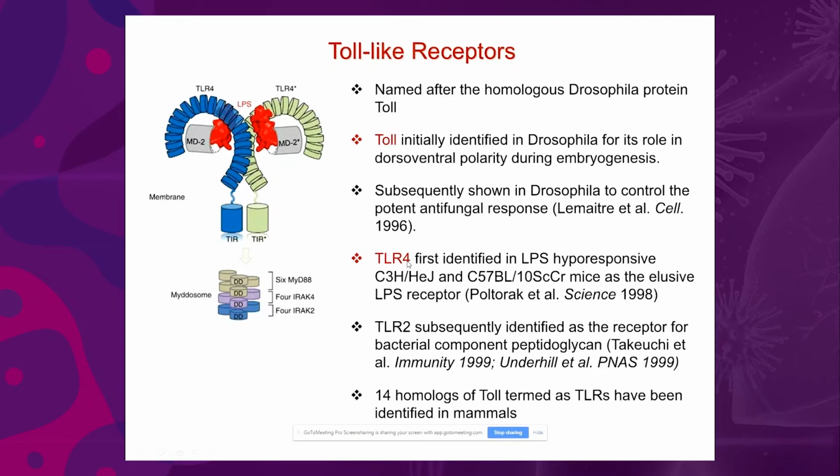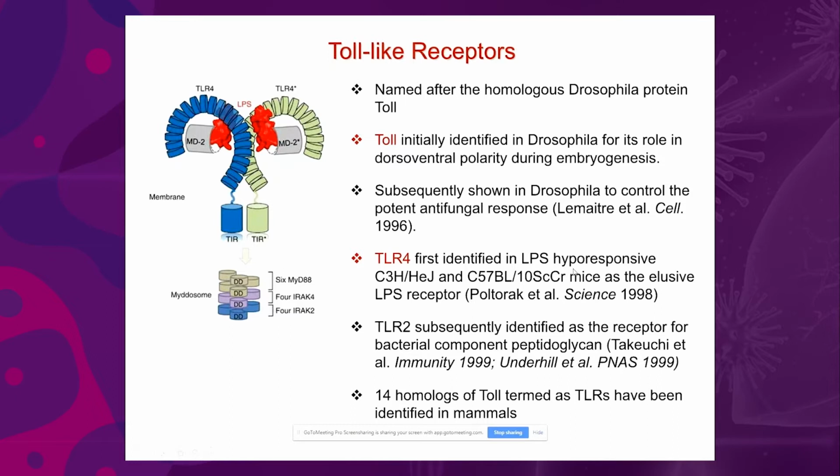Two years later, in mice, in mammals, it was shown that TLR4, by analogy to the Drosophila Toll, was the first Toll-like receptor identified to be a pattern recognition receptor and to recognize LPS, the bacterial lipopolysaccharide.